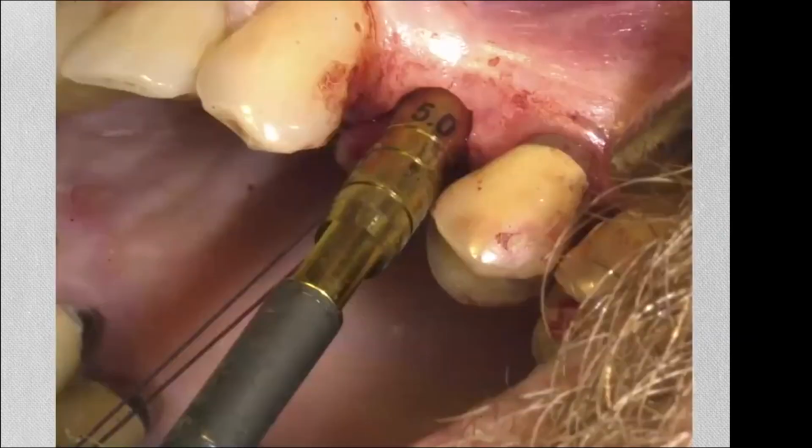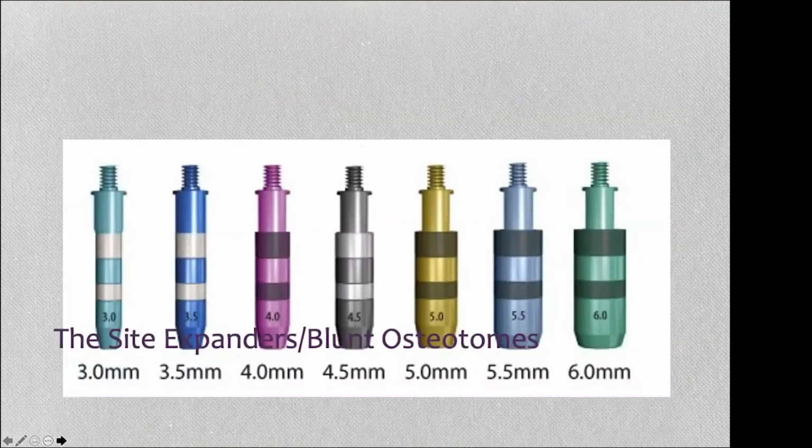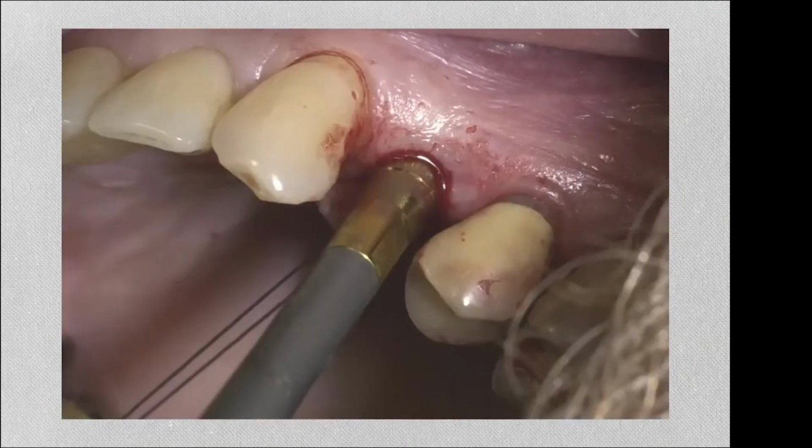And so notice the angle in which this is introduced into the socket. There's a significant mesial tilt coming from distal occlusal to mesial apical, okay? The idea is the tip of this osteotome, which is a little thinner, is going to come at or near the base of the septum, okay?